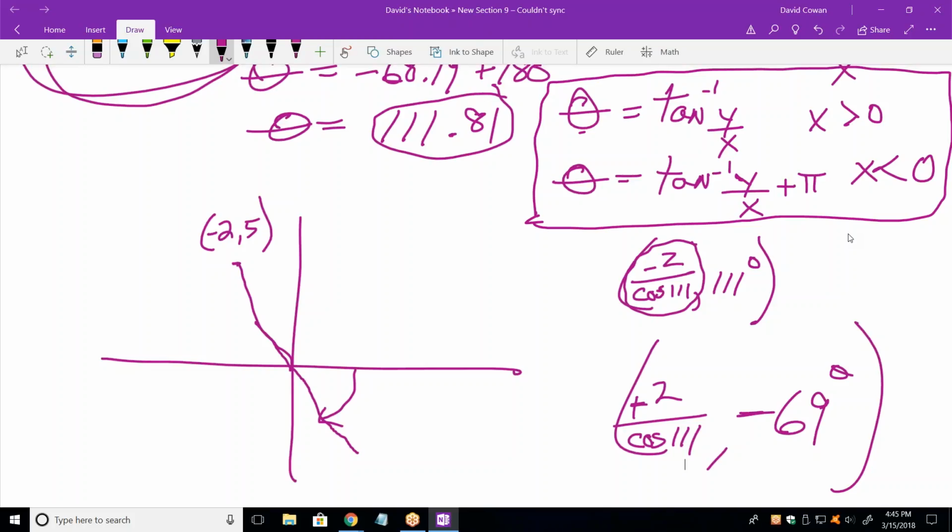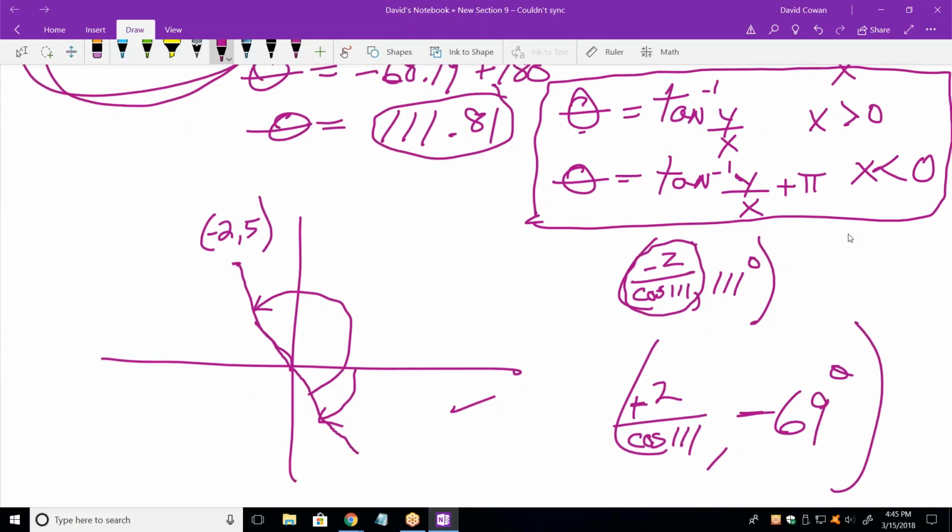So it's going to leave you in the fourth quadrant. You're going to be exactly where you're supposed to be. But if x is negative, you're either in the second quadrant or the third quadrant. And your calculator never gives you the second or third quadrant answers. When it does inverse tan, it gives you the fourth quadrant. So in order to put it into the proper quadrant, which is the second or the third, you have to add pi to it. Notice that pi takes it from the fourth all the way to the second.